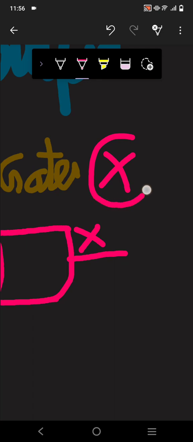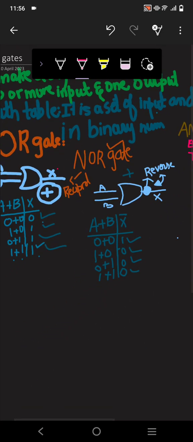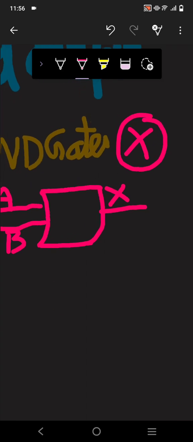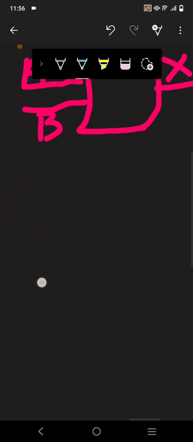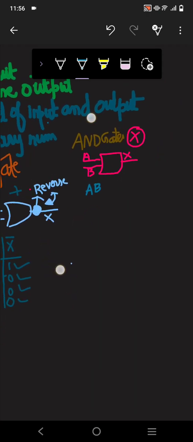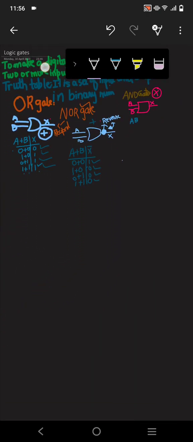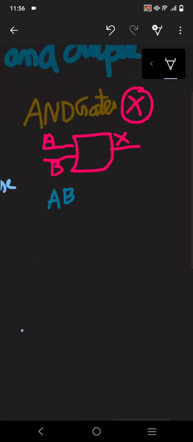It will be working on the principle of multiplication, as they both were working on the principle of, what, plus. But here the AND gate will be working on the principle of multiplication and will be doing it on the truth table as well. So here A, B. As I told you, logic gates are where two or more inputs are given and only one output is coming.